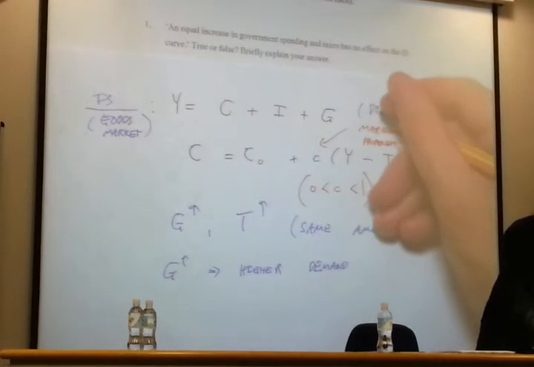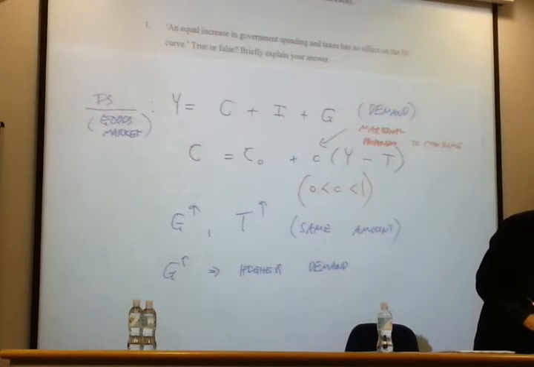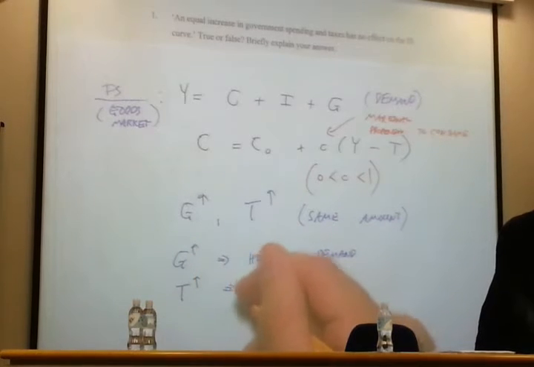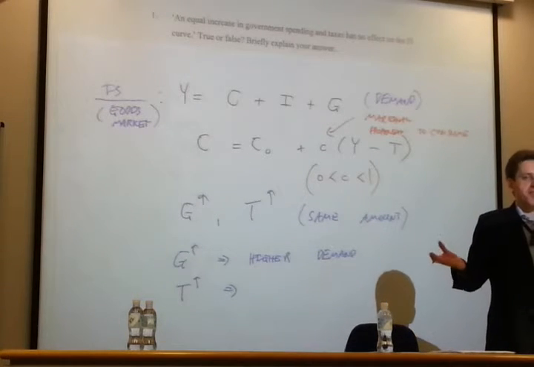This was total demand. High government spending is high demand; high taxes does what? It gives you lower demand through consumption.